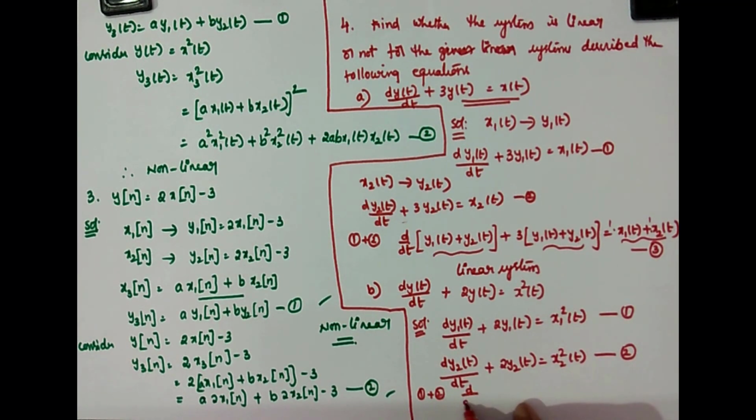I'll get d by dt of y1 of t plus y2 of t plus 2 of y1 of t plus y2 of t is equal to x1 square of t plus x2 square of t.